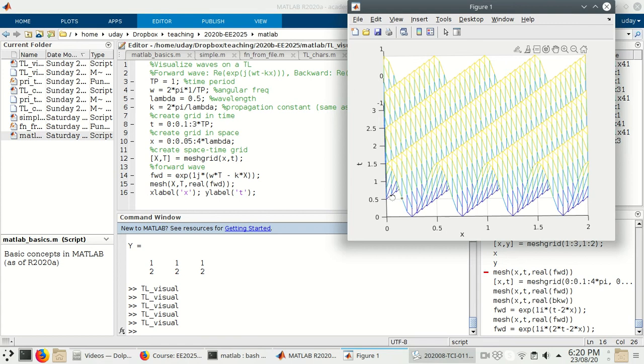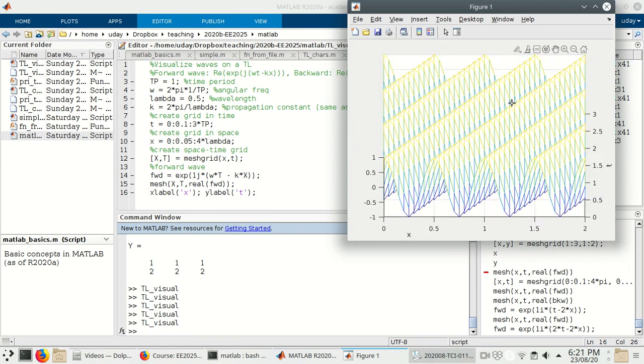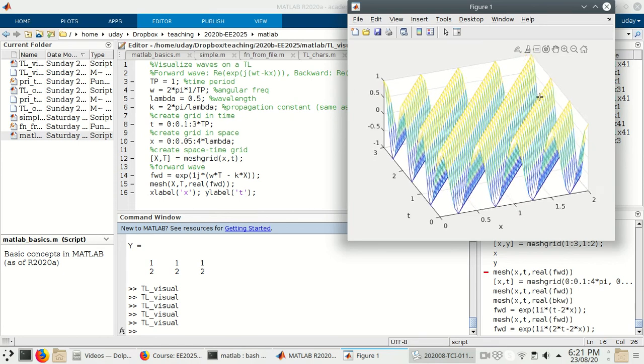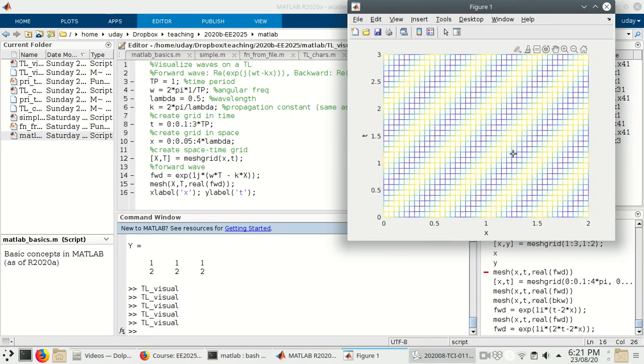You can see that this wave, as it goes along x, has a certain profile. As time increases, that same phase profile moves to the right, right? You can see this very easily as you keep rotating this. If I make this plot completely flat like this, now it's flat, I'm looking at it vertically downwards. These are the peaks of the wave, and these are the troughs of the wave.